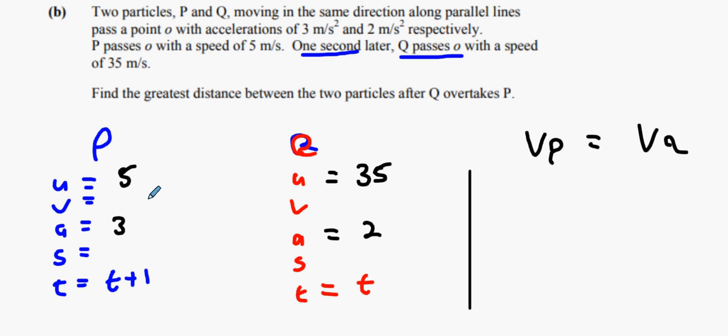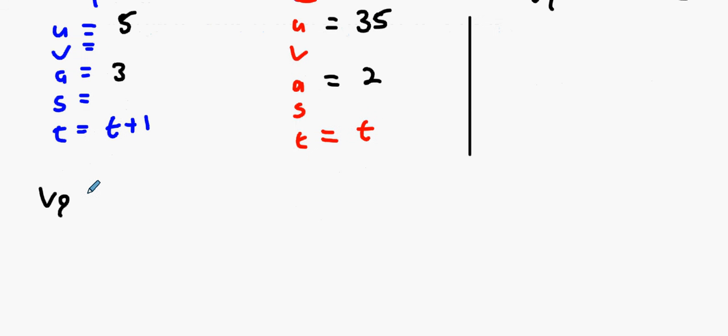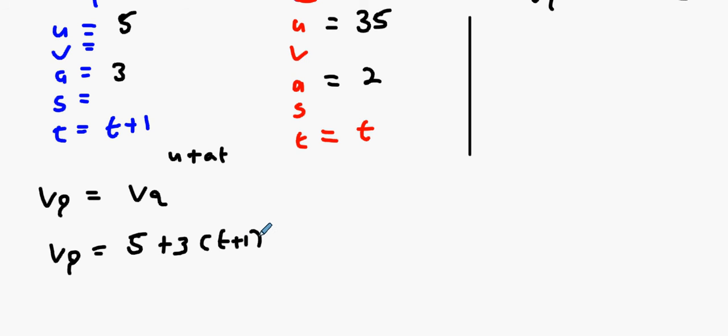All you need to do is use U plus AT for both. So phi P equals phi Q. Phi P is U plus AT, so it's going to be 5 plus 3 times T plus 1. Phi Q is 35 plus 2T. And then multiply that out, it's going to be 5 plus 3T plus 3.